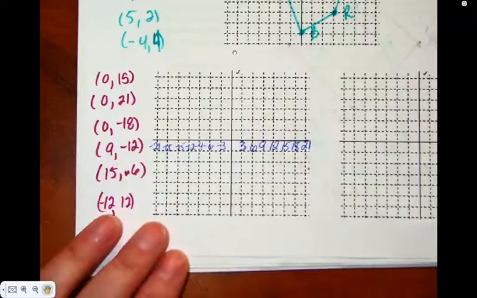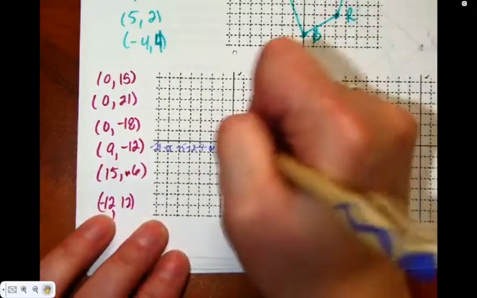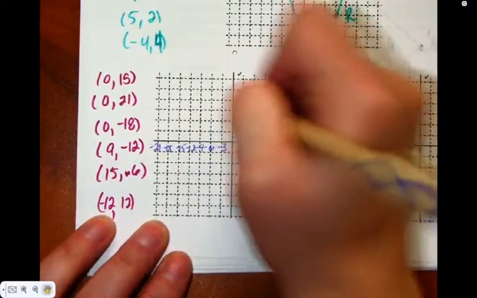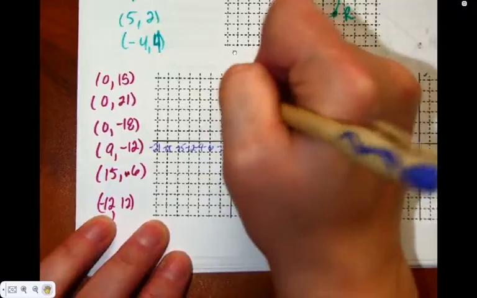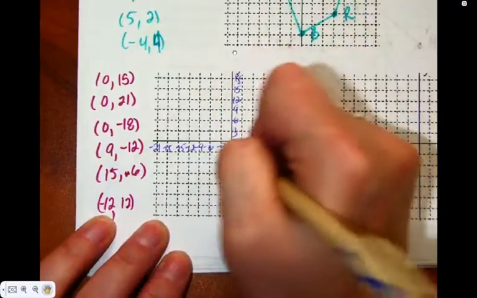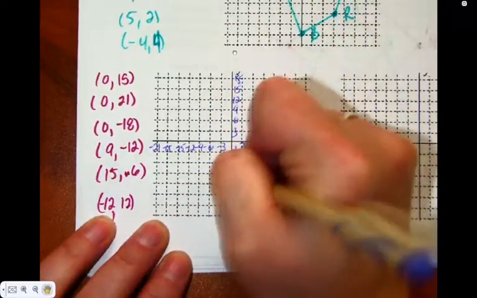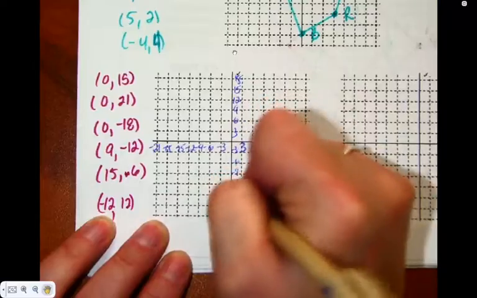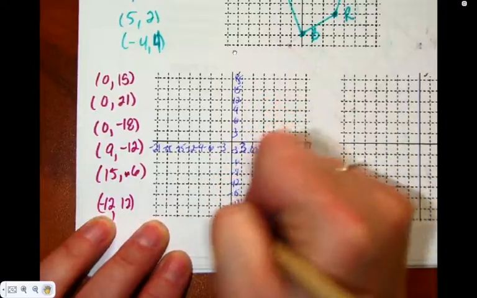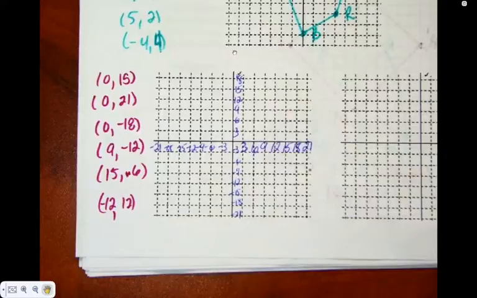What about the y? Same thing. So I have room for 18.